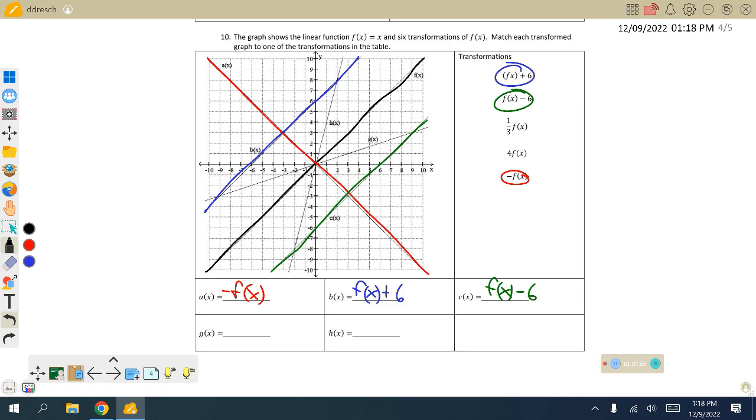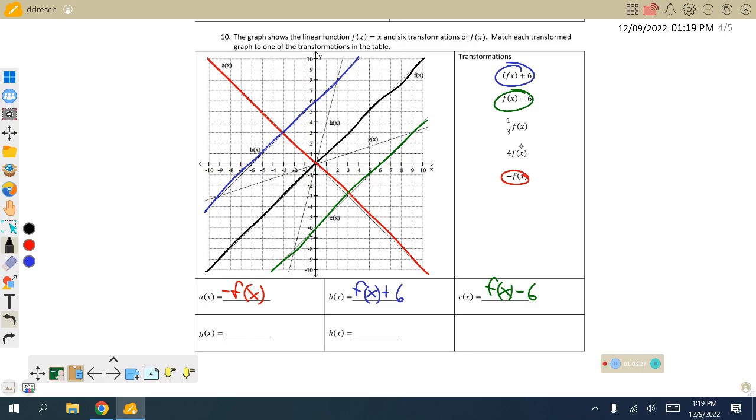Now the two that remain are the kind of trickier ones, but just think, does it enlarge or does it stretch? Is it flatten, compress, whatever you want to call it? Okay. When I go back, I always look at that f of x. I start there. Which one went steeper, h or g? H went steeper. And when you go steeper, you enlarge it. You stretch it out. Which number that remains correlates to enlarging something?